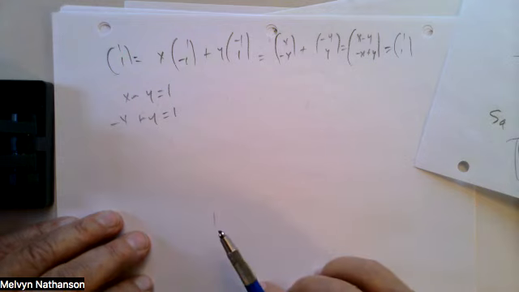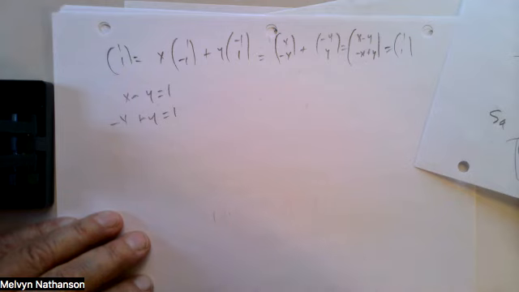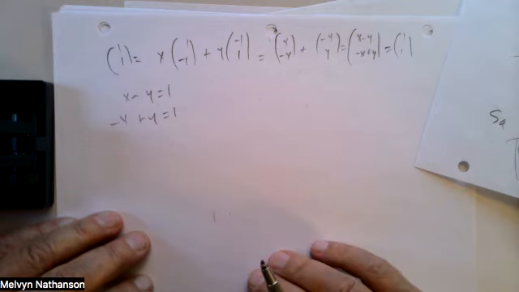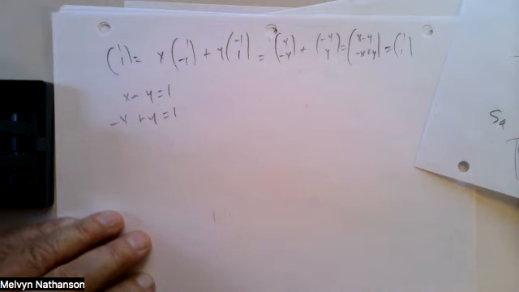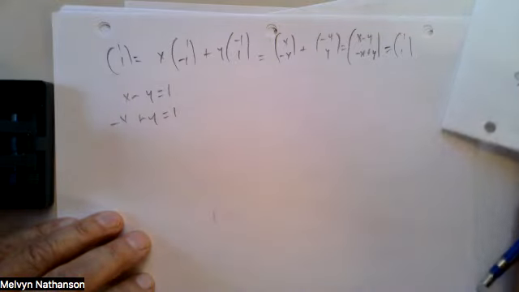Oh, sorry, I'm just double checking my arithmetic. What's going on here? Oh, I'm sorry. Thank you. So actually, I made a mistake. That's good.